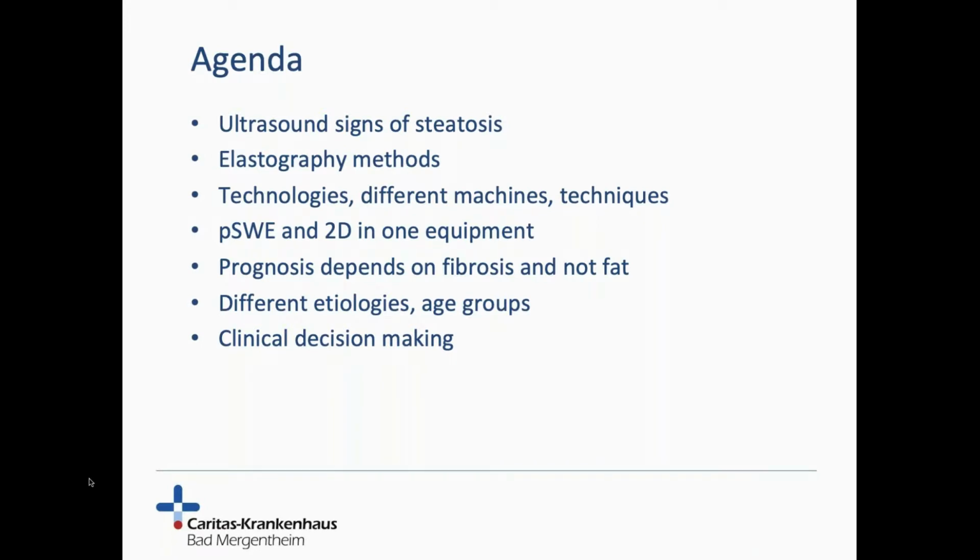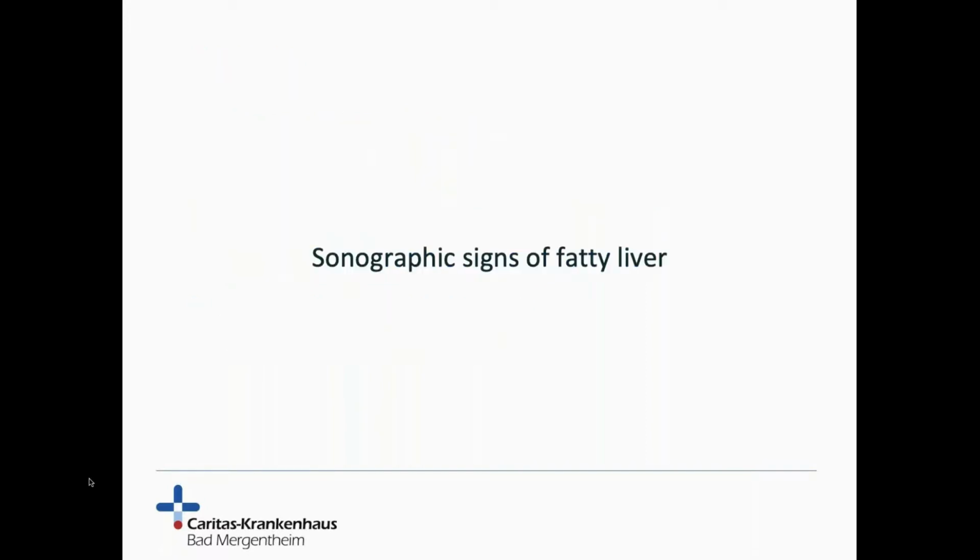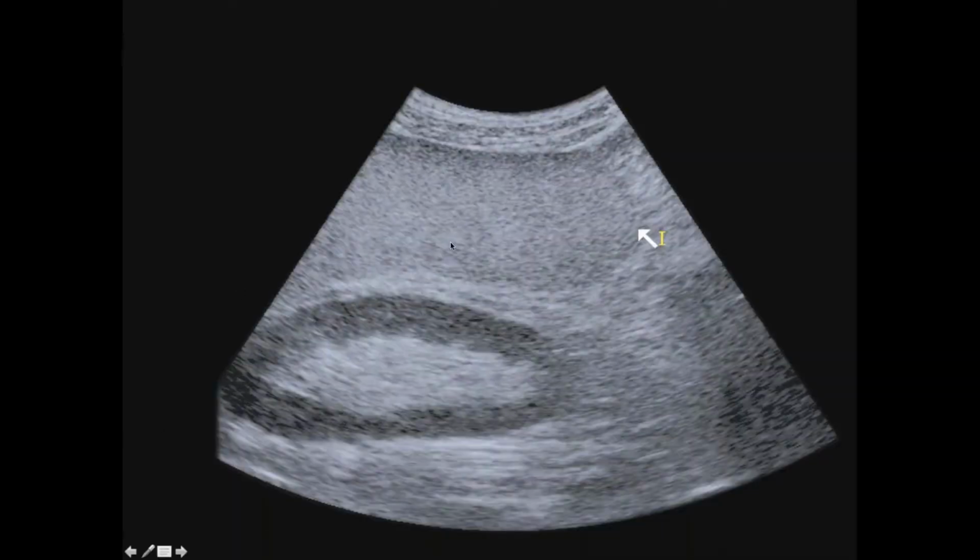And then we will talk about different etiologies, age groups, eventually the fatty liver in very young patients, children, and clinical decision-making. The sonographic signs of steatosis are, first of all, hepatomegaly.